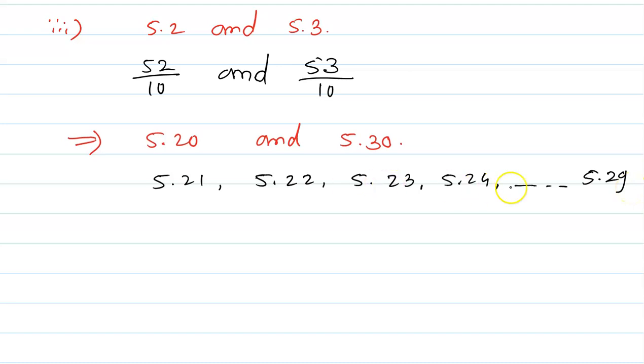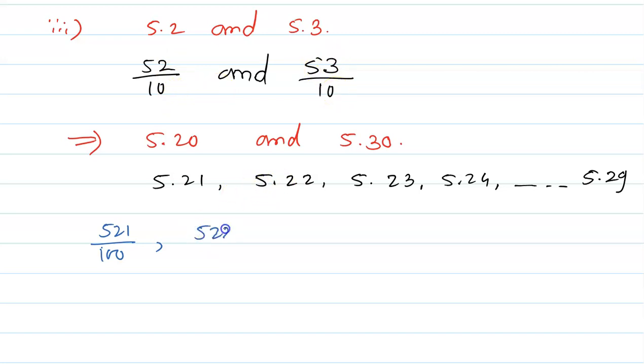Now try to convert those decimals into rationals. After 2 places there are decimals, so we have 521 divided by 100. Now it should lie in between 5.2 and 5.3, or you might say 52 divided by 10 and 53 divided by 10.